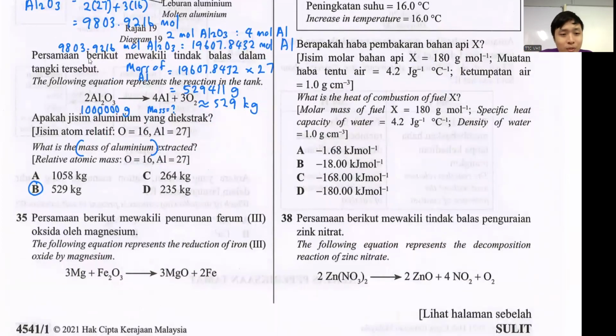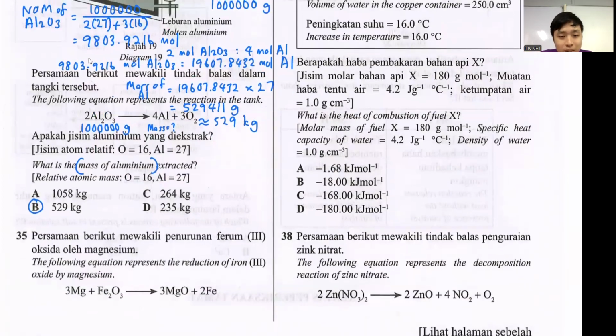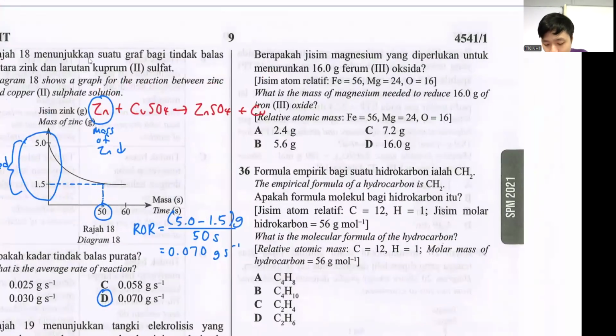Okay, 35. The following equation represents the reduction of iron trioxide by magnesium. This is another number of mole question, from another Form 4 Chapter 3 question. What is the mass of magnesium needed to reduce 16.0 gram iron trioxide?